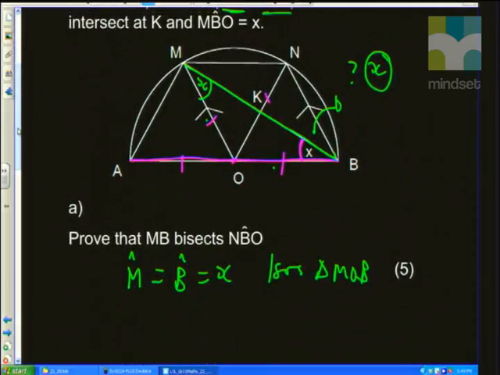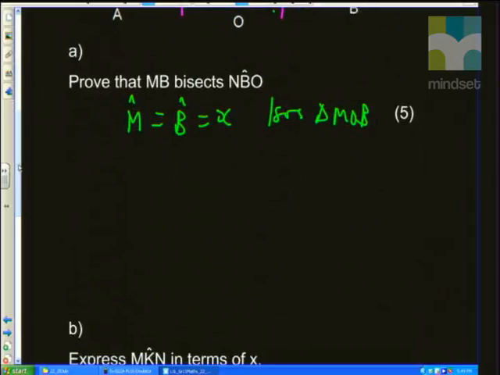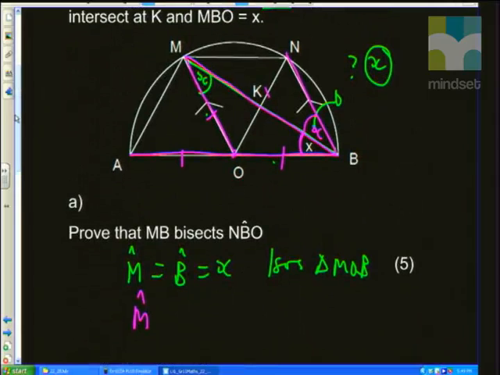If this is parallel, then this angle and that angle should be the same. If NB and MO are parallel, then your angle M will be equal to B.